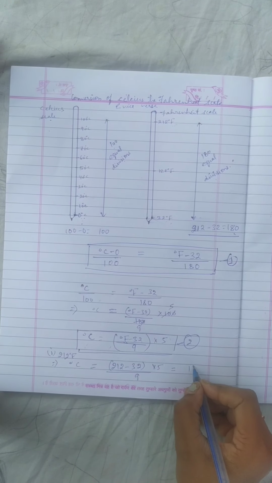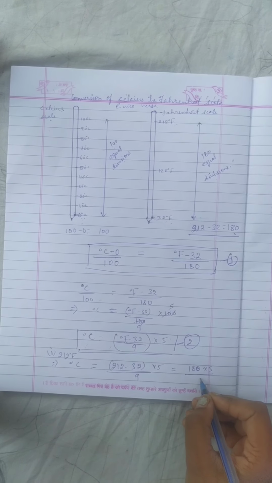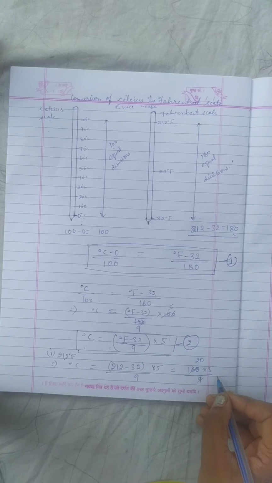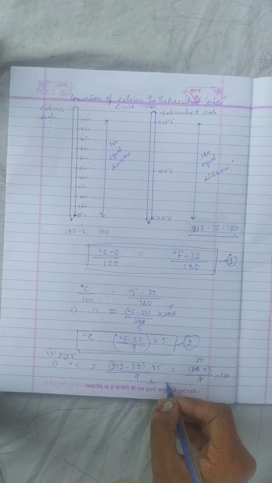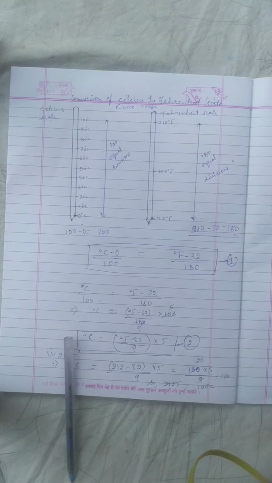So it is 180 multiply 5 divided by 9. 20 times it is now 100. So you can write here 212 degree Fahrenheit is equal to 100 degree Celsius.